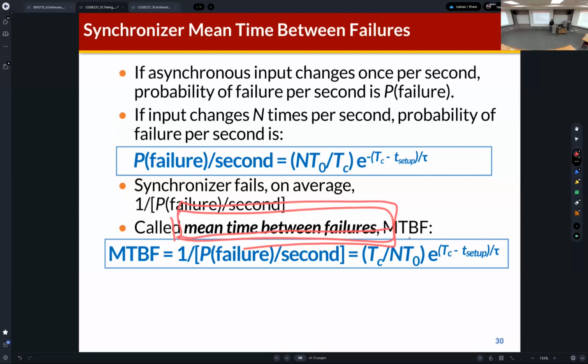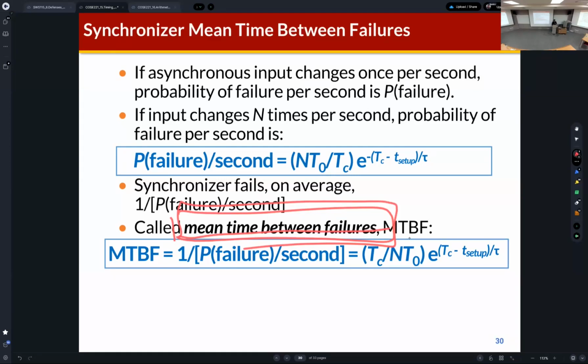So that's why reliability is critical, and the metastability issue is also a kind of reliability issue.